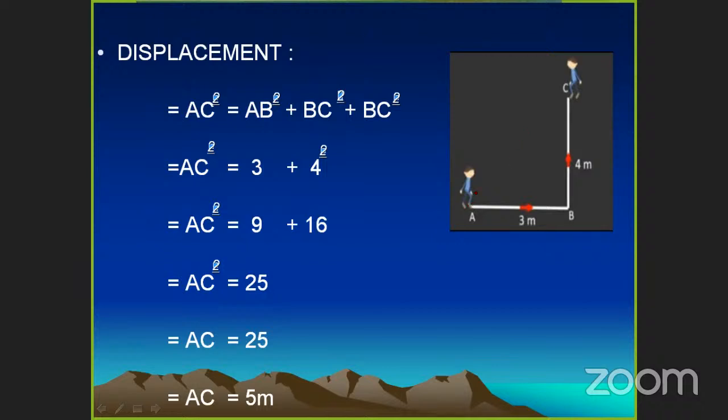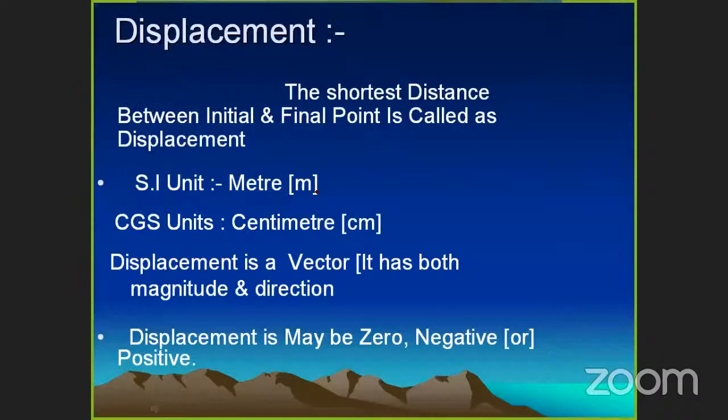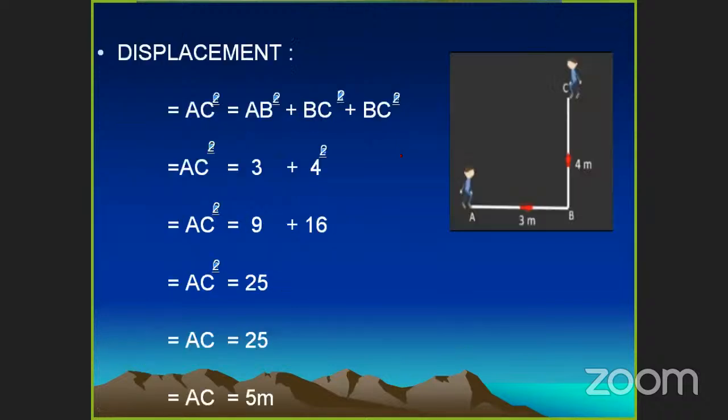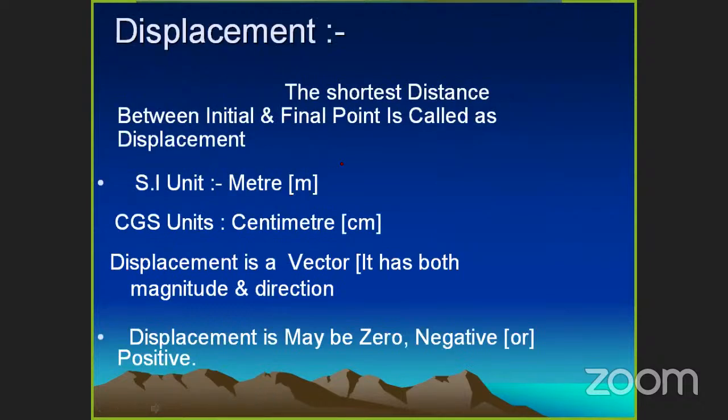AC will give the displacement of the boy. Displacement means the shortest distance between the initial and final point. Here the initial point is A and the final point is C. This shortest path of the boy is known as displacement.